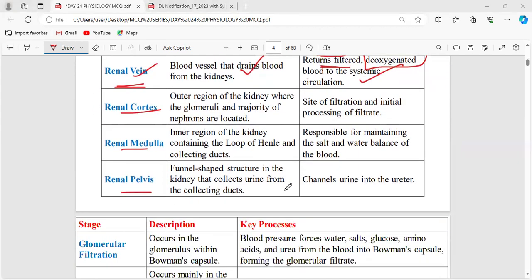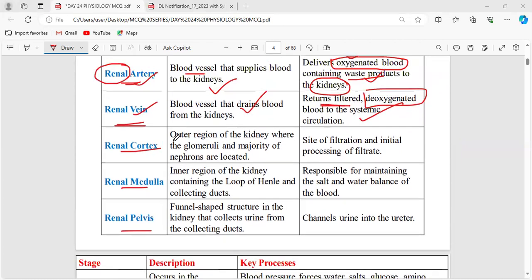Now, what is the renal cortex? It is the outer region of the kidney, and the renal medulla is the inner region of the kidney. In the renal cortex, the outer region of the kidney, the glomeruli and the majority of the nephrons are located. We have nephrons, and we have structures called the renal cortex and renal medulla.